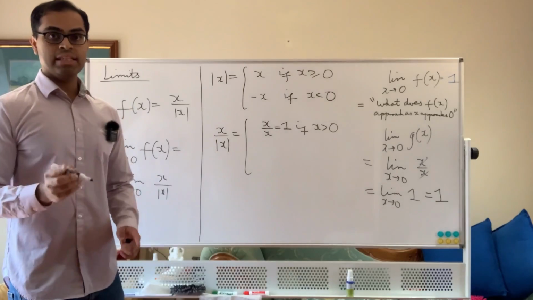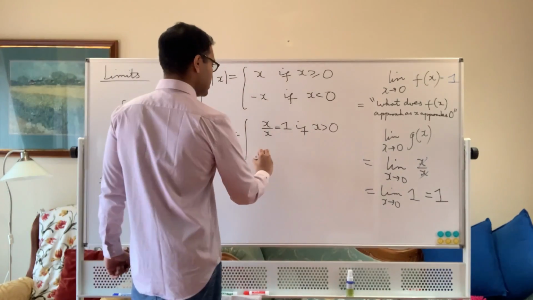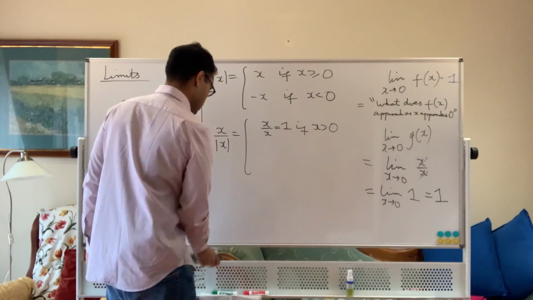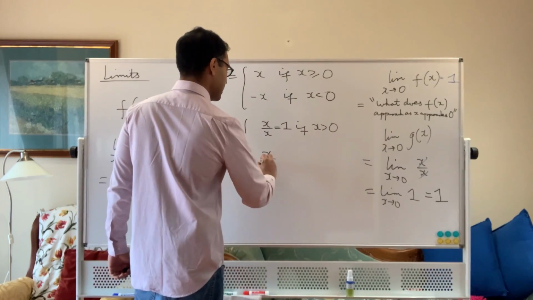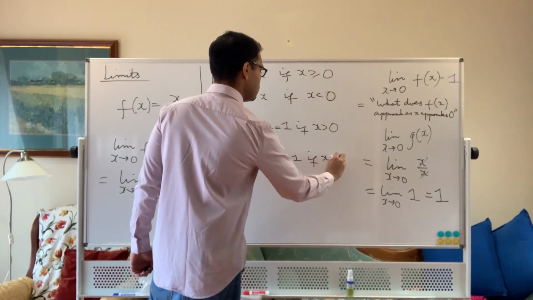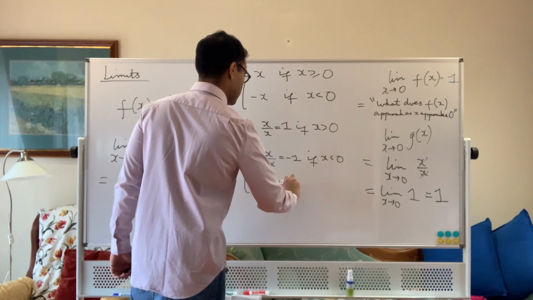So if x is greater than 0 but not equal to 0, because we can't take 0 over 0. And then it's going to equal x over minus x, which is the same thing, but I'll just do it in 2 steps. It's going to equal x over minus x, which is equal to negative 1 if x is less than 0. And I'll just throw in it's undefined if x is equal to 0.